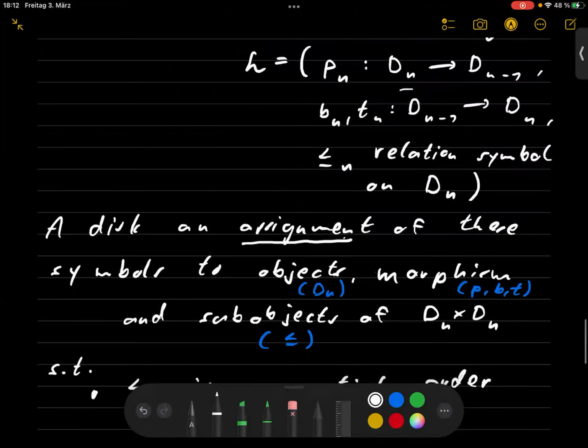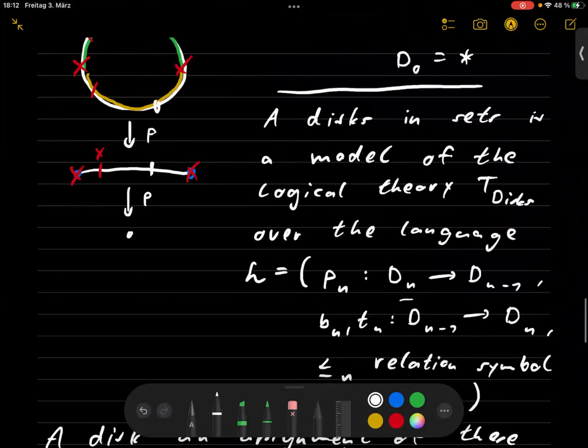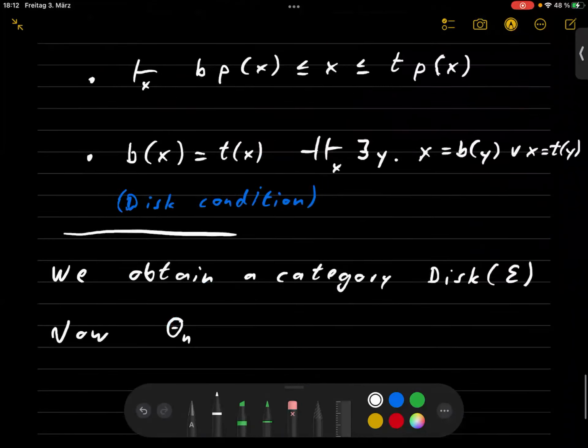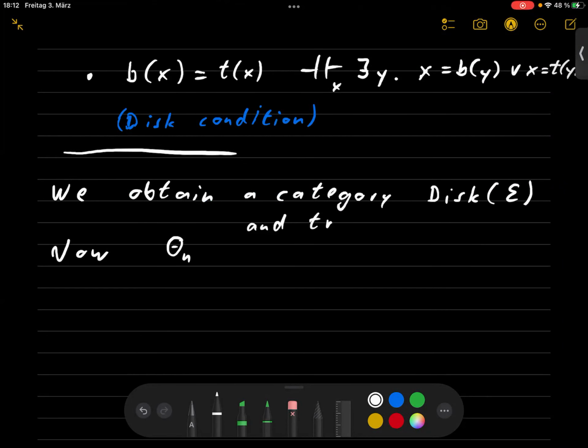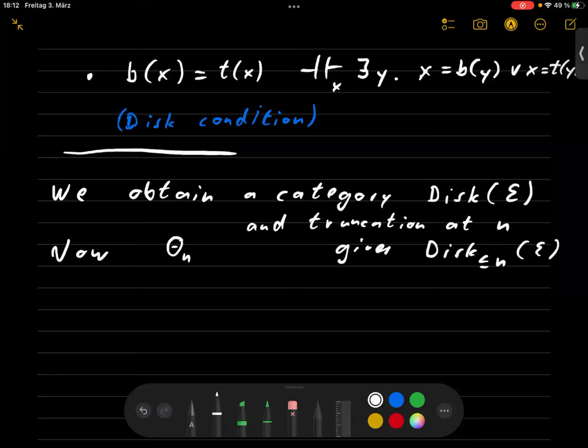If we truncate at n, we obtain Disk_n, the truncation of these structures at n, which gives only the disks up to n dimensional, less than n in E.